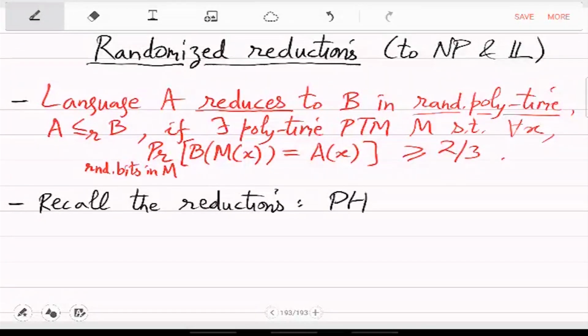With polynomial hierarchy, we showed that every problem in the polynomial hierarchy actually reduces to parity P. Right, that is what we had shown, and this helps us define BP as an operator on complexity classes.